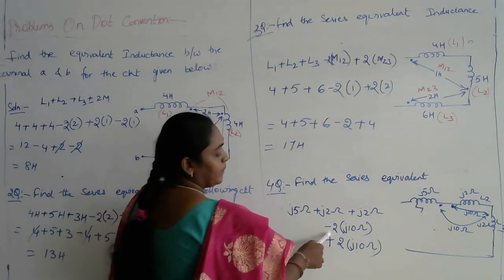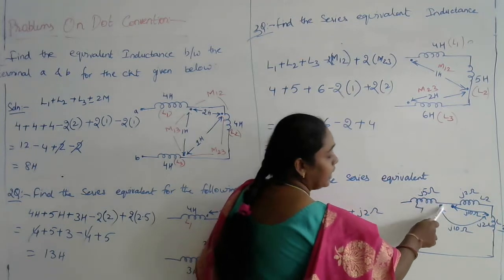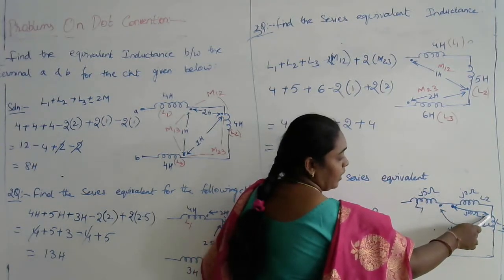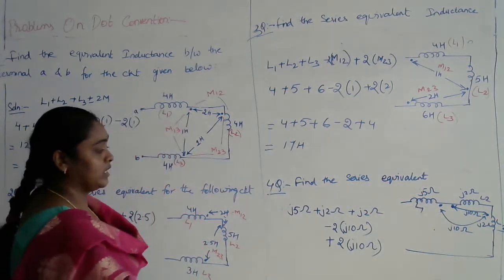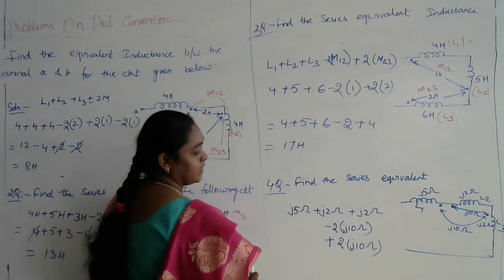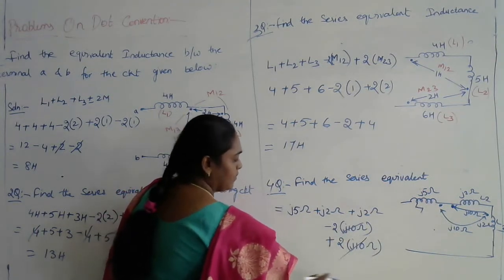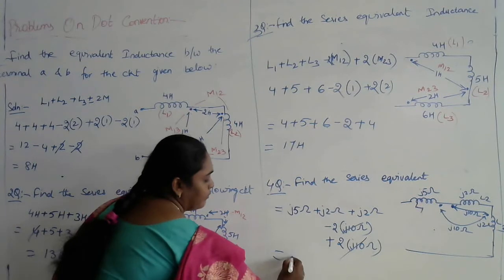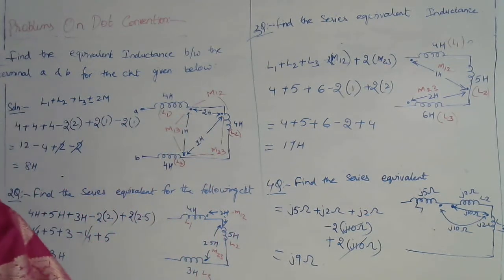But we represent a negative sign for the first because its current flows from coil to dot and the other from dot to coil, so they are opposite. One is minus and the other is plus, so both cancel out. The leftover is j9 ohms for the corresponding series equivalent circuit.